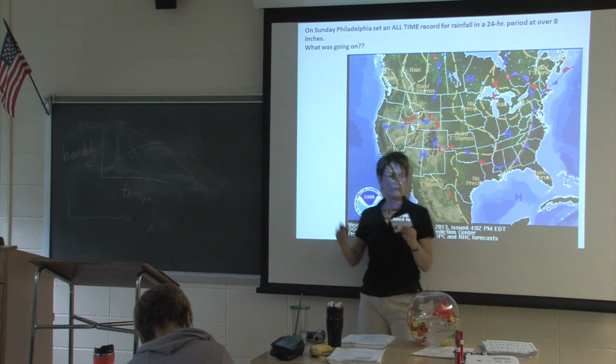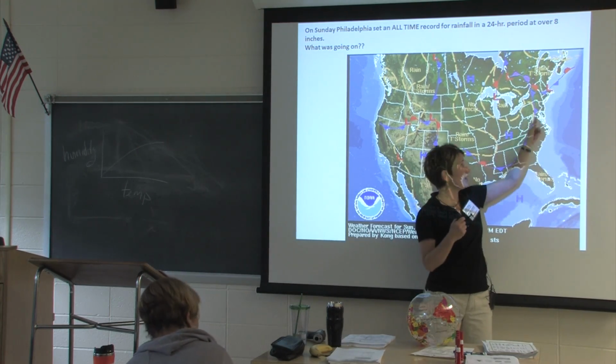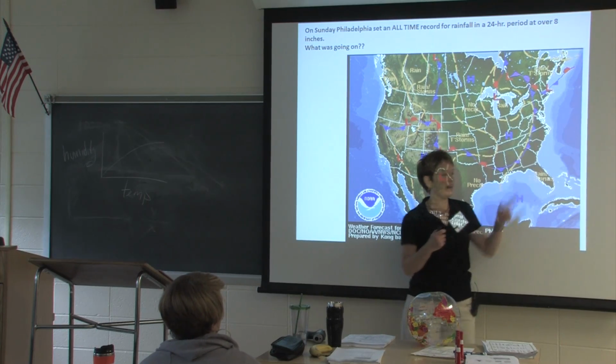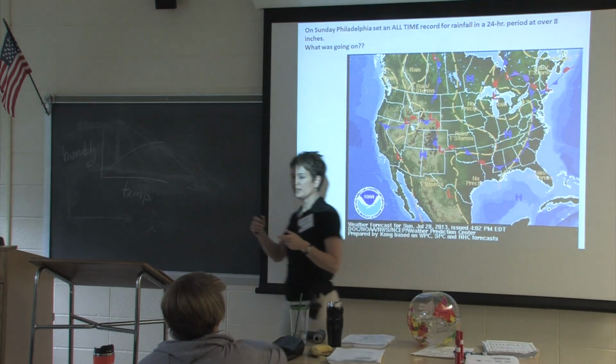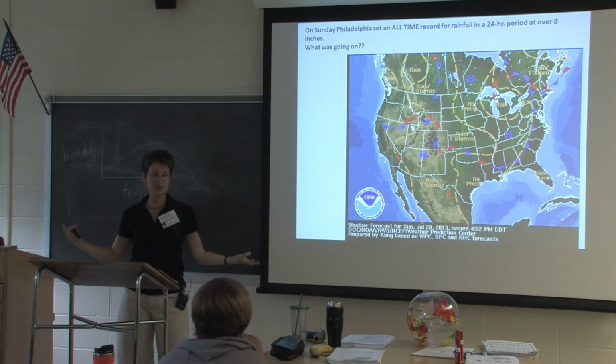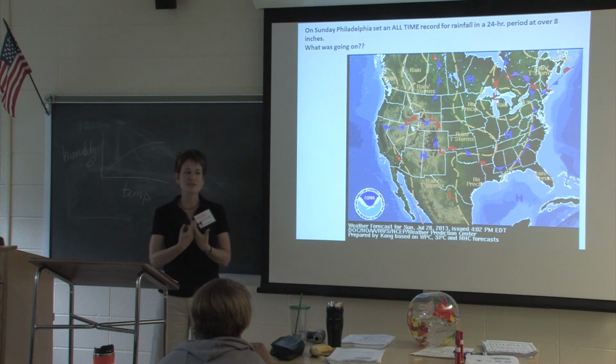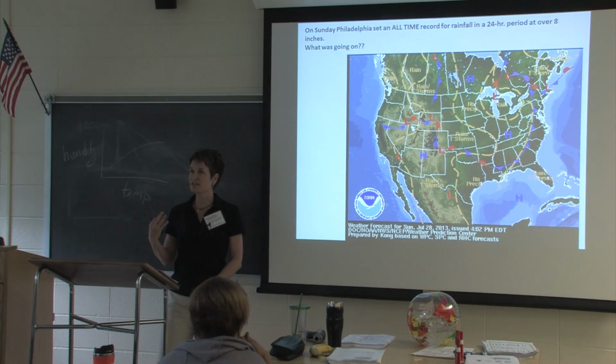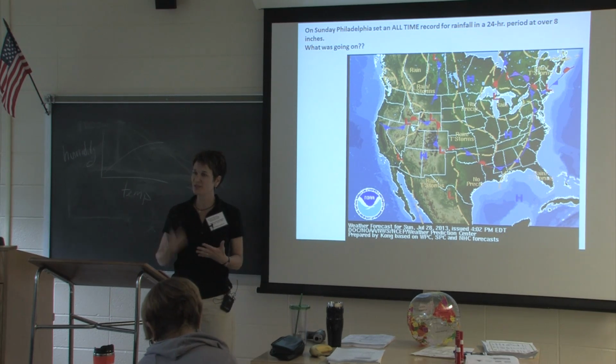What we often will see right at the front of this cold front line is really dramatic weather, big cumulonimbus clouds forming, lots of thunderstorms, lots of intense rainfall events.